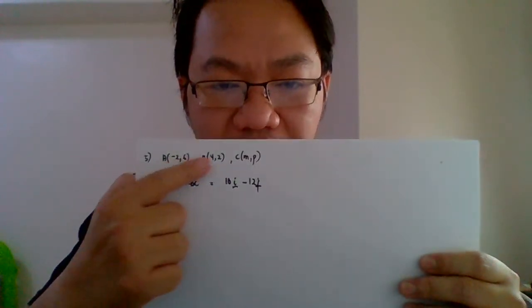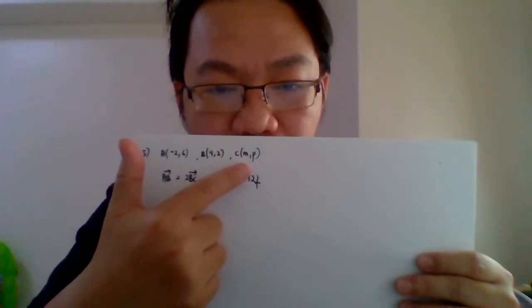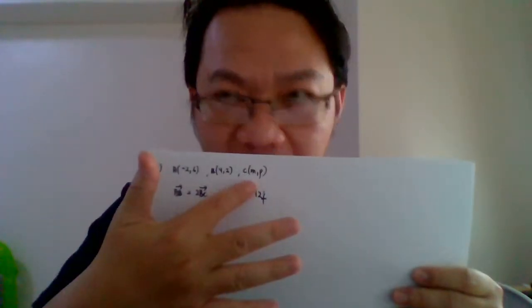So the coordinate A is given by -2, 6, B is 4, 2, and C is M, P. And AB plus 2BC equals 10i minus 12j. This is all the information and the question. We need to find M and P.